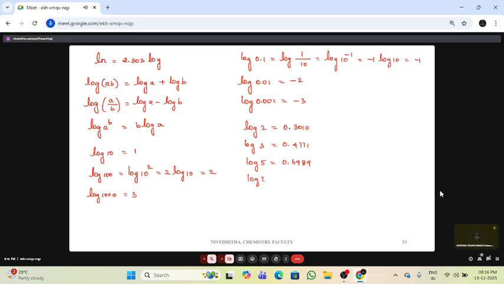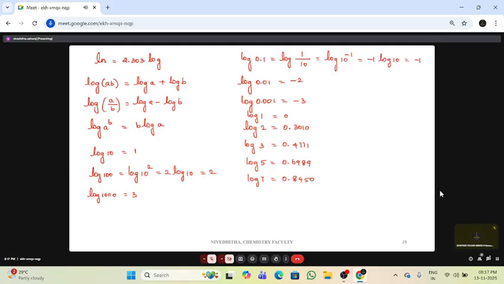Log 7: 0.8450. By using only these values, we can calculate all the log values and anti-log values. Okay. What is the value of log 1 then? 0, ma'am. That's it. Very good.